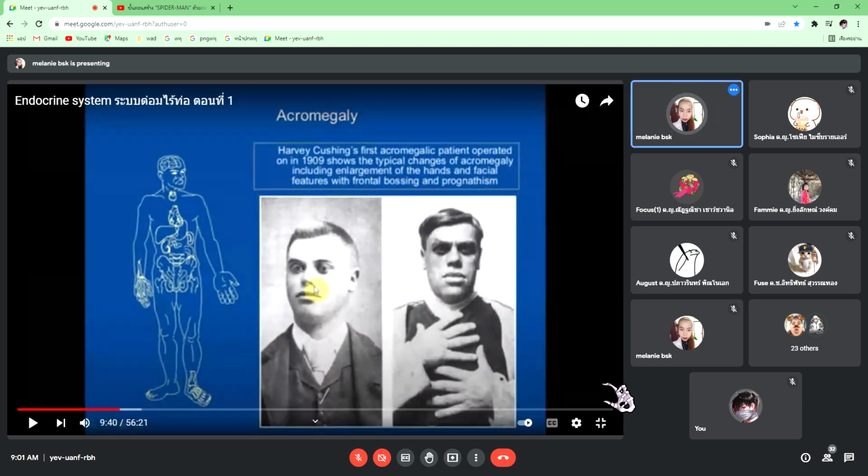Are you listening? Okay, excessive growth of hands, the face, and the feet. Okay, so the pituitary gland is found in here, in the part of your brain. Okay, so this is responsible for it. We see that this is an acromegaly. It's bad. It's bad. Okay, now we're going to move on.